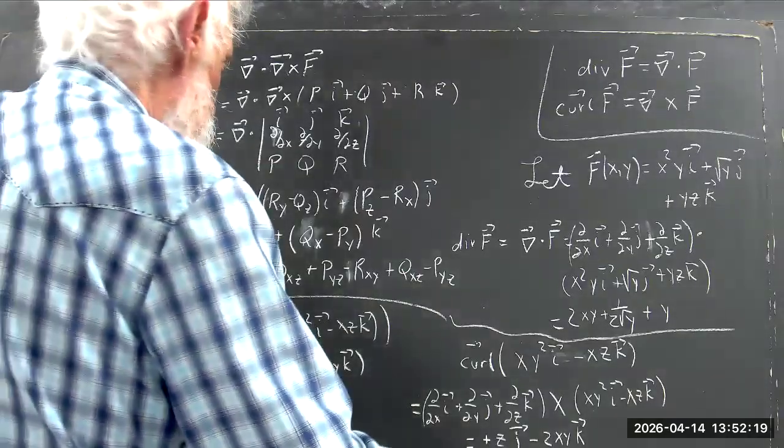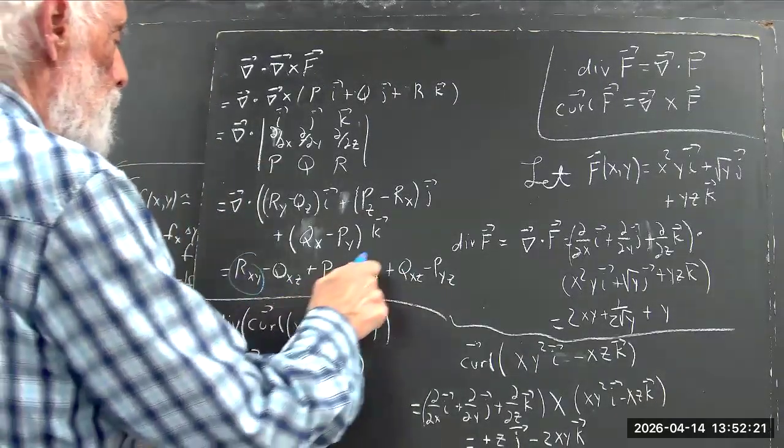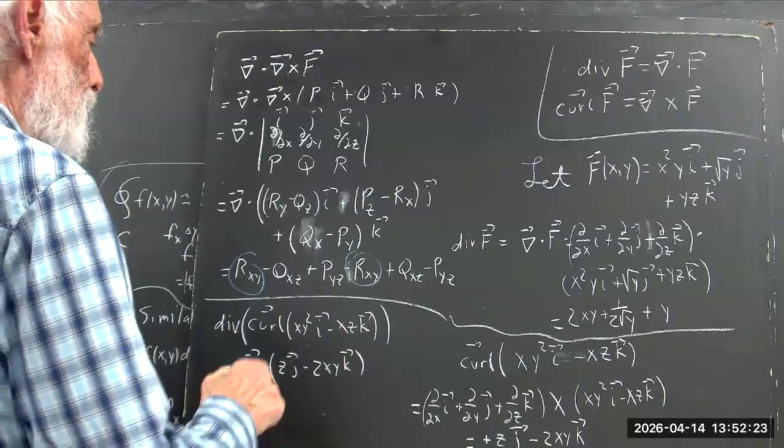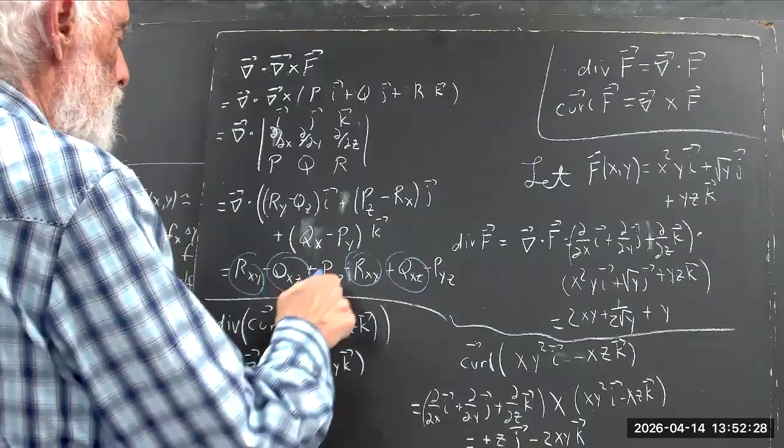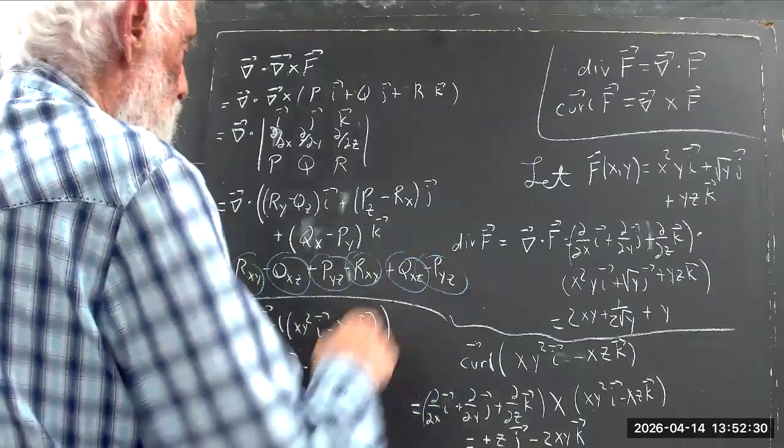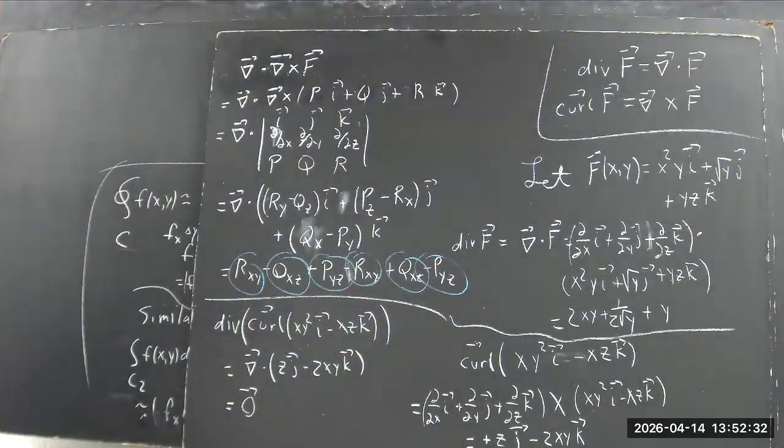Now we see that I got R x y here and minus R x y here. I've got minus Q x z here and Q x z here. And I've got plus P y z and minus P y z here. It all cancels out. Does that make sense? You see how easy it is to write that out carefully if you're totally conscious, which I'm apparently not at this point.